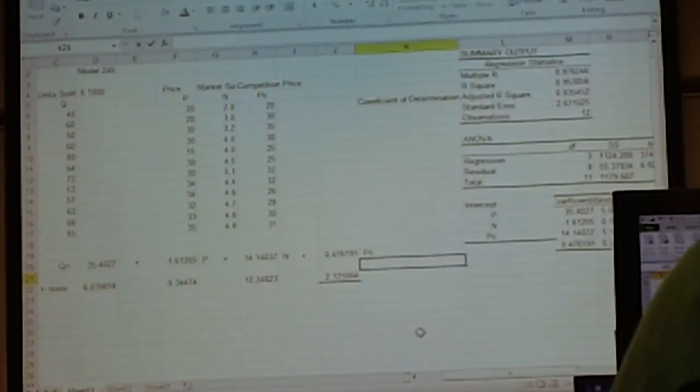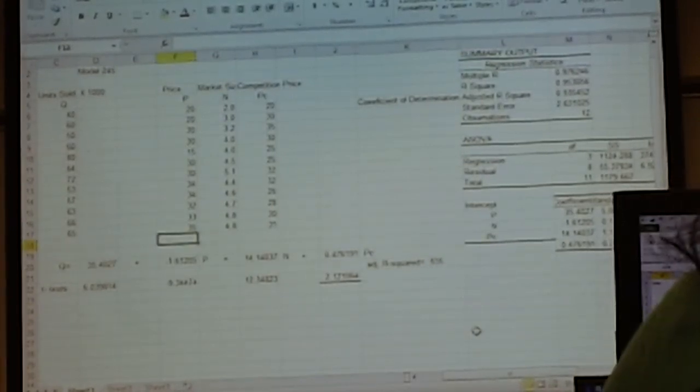So what we're going to put down over here is this: adjusted R squared equal to 0.935. And that's good. You can be very happy with that kind of result. So now we have a very nice model.